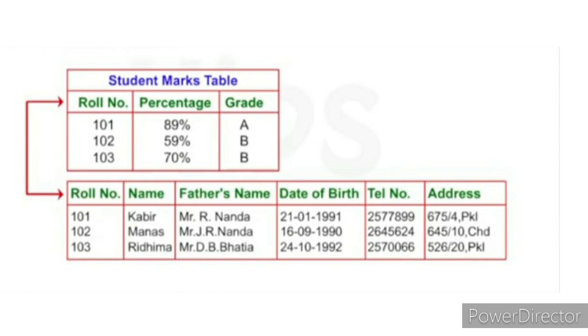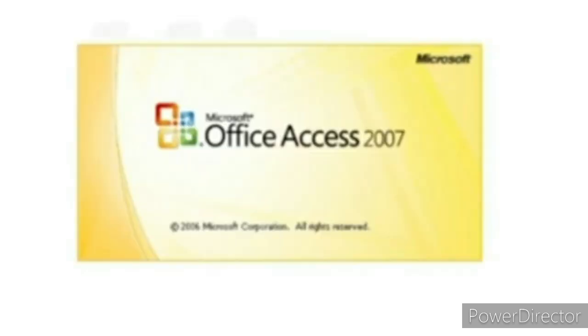Now coming to the features of Microsoft Access. Access provides the facility to break large information into small parts so that it is easy to access the information. That is, we can divide the large information into small tables so that we can access any information very easily.